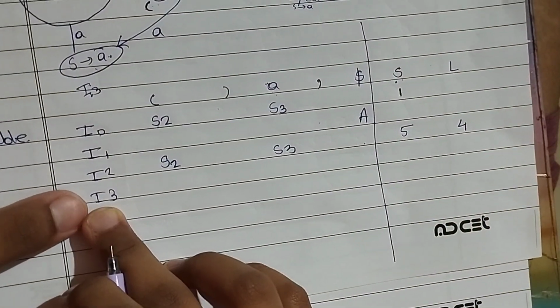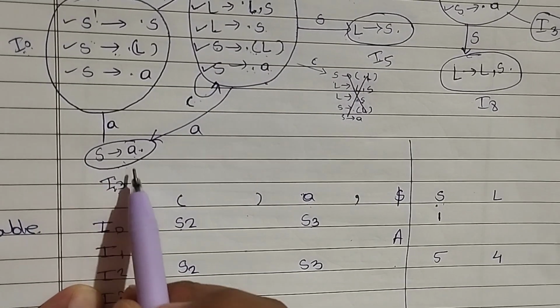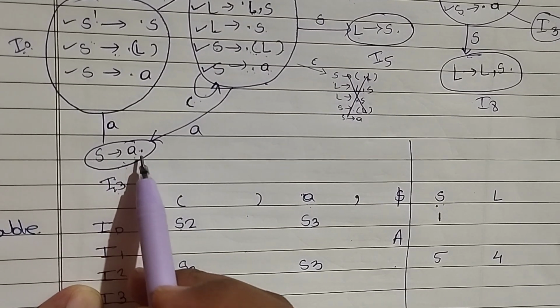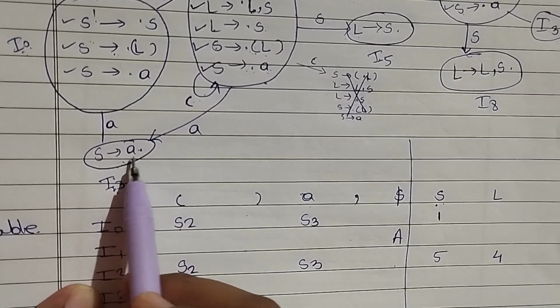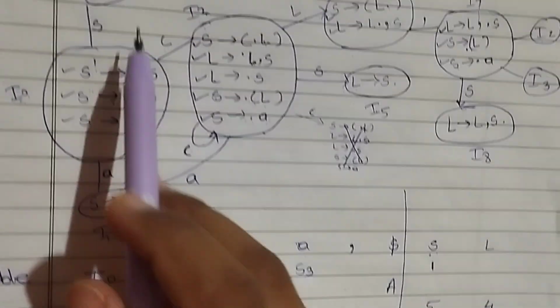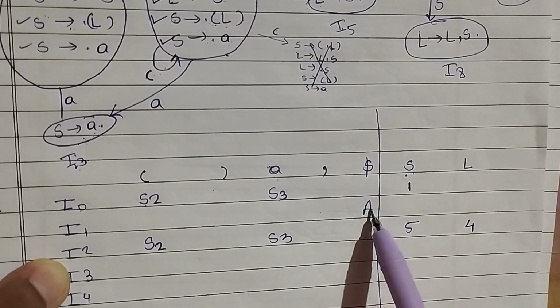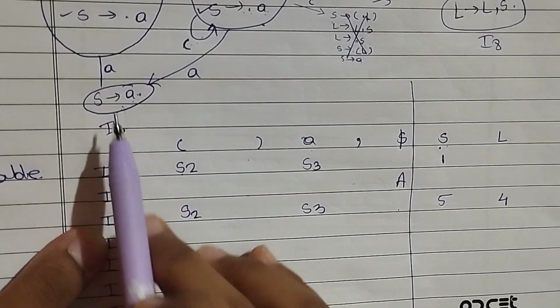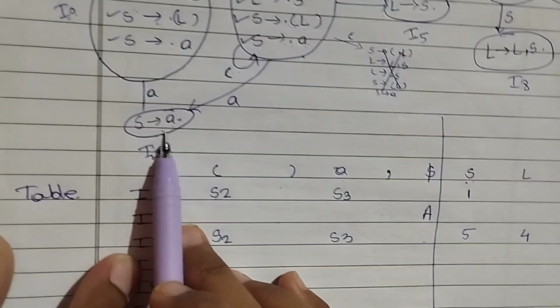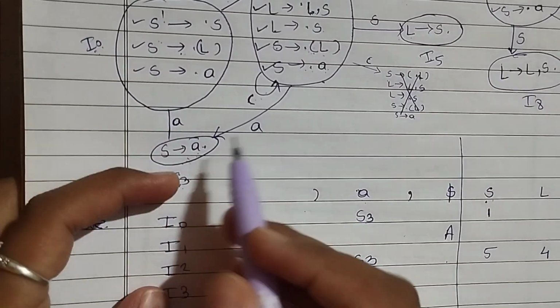Now I3. I3 is an acceptance state, but it is not the acceptance state of the starting symbol. If it were the acceptance state of the starting symbol, like I1, then we would directly write accept in front of dollar. But it is not the acceptance state of the starting symbol.